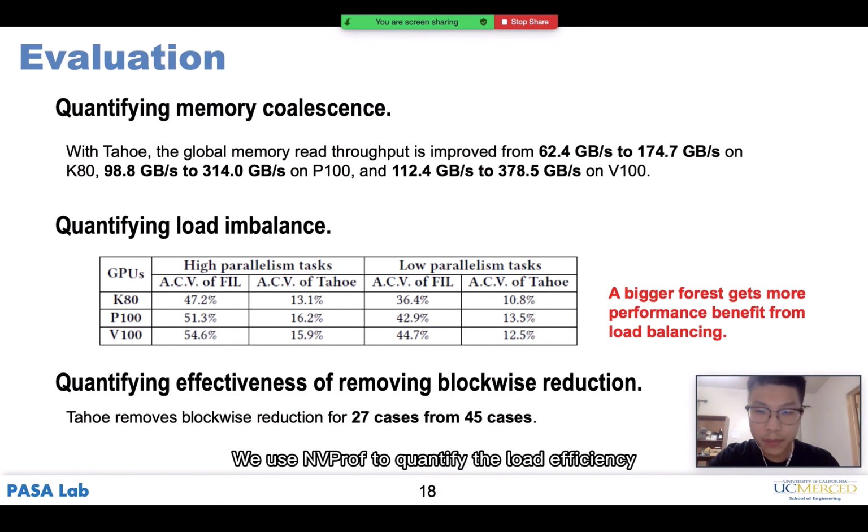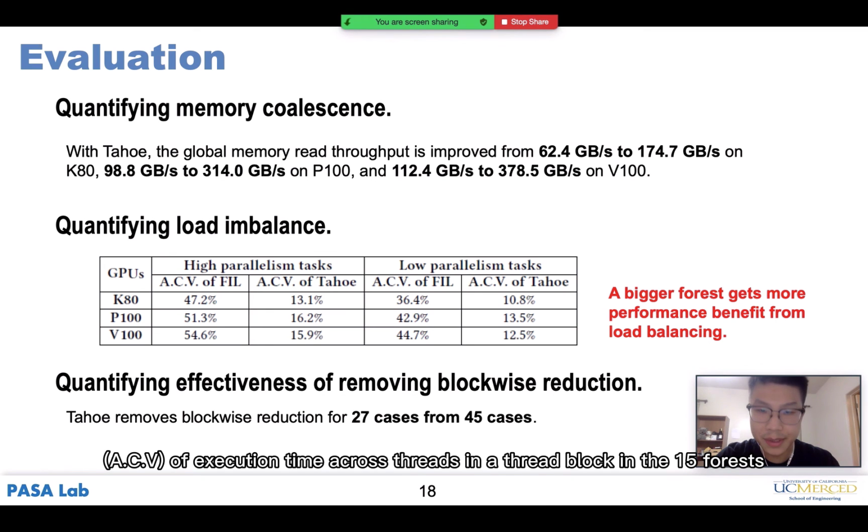We use nvprof to quantify the load efficiency of shared memory and global memory when accessing forests. With Tahoe, the global memory read throughput is improved greatly on 3 generations of GPUs. We measure the average coefficient of variation (ACV) of execution time across threads in a thread block in 50 forests.